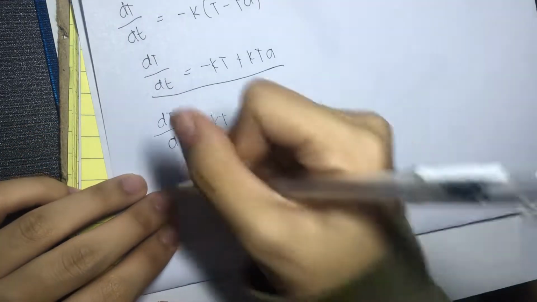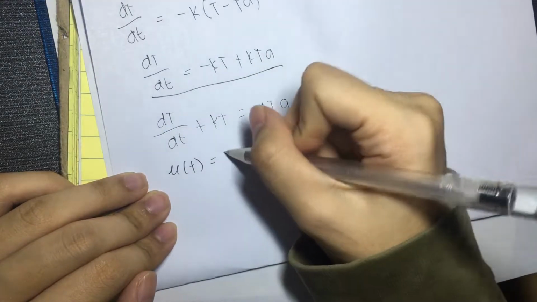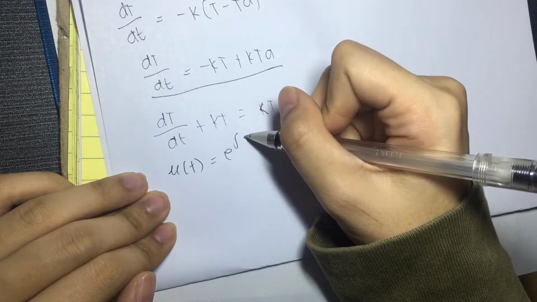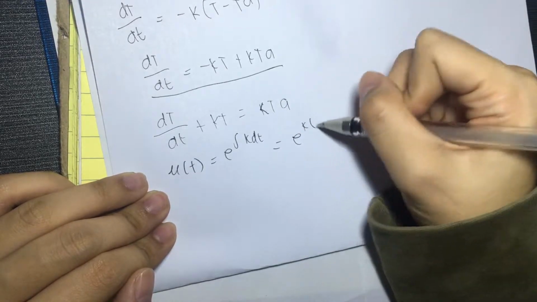We will find the integrating factor, the mu of t, which is e raised to the integral of k dt, equals e raised to kt.